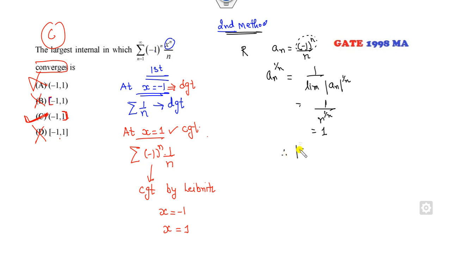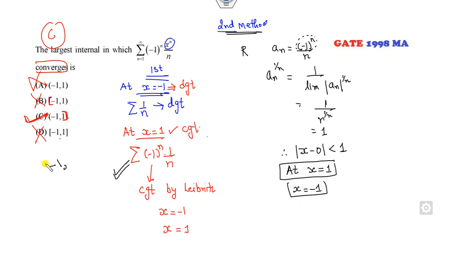So the center is 0 and the radius is 1. Now you have to check the boundary points. At x equal to 1 it is convergent, and at x equal to minus 1 it is divergent. So the interval minus 1 open, closed at plus 1, is the right answer.